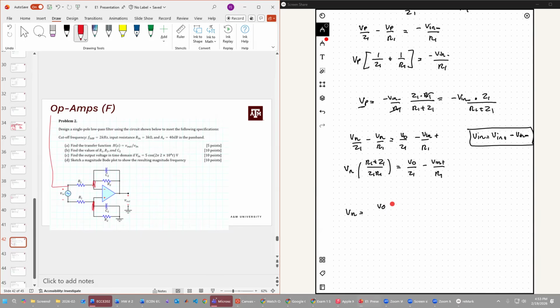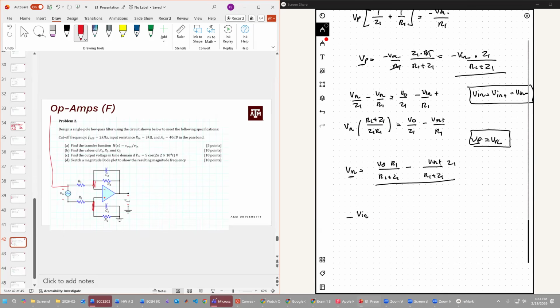So this becomes V0 R1 over R1 plus Z1 minus Vn plus over R1 plus Z1 times Z1. So Vn is equal to Vp, something like this. And now we set them equal to each other. Vn minus times Z1 all over R1 plus Z1 is equal to this whole term.